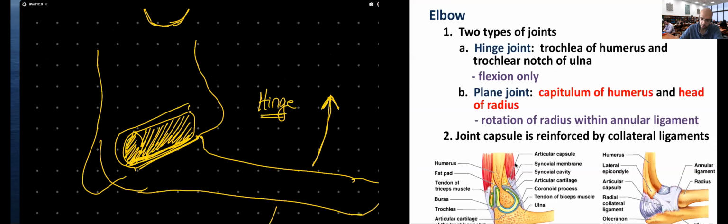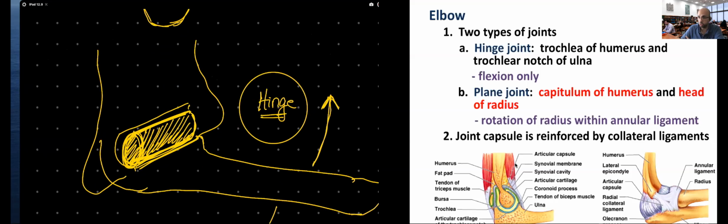What do we consider this synovial joint, in which I have a cylindrical shaped articular surface articulating with a notch? It's a hinge joint.